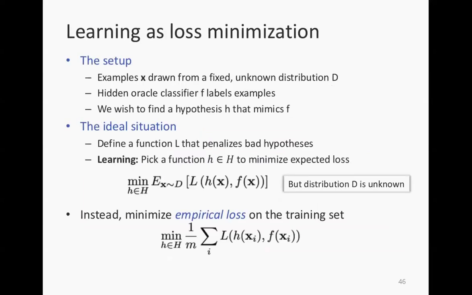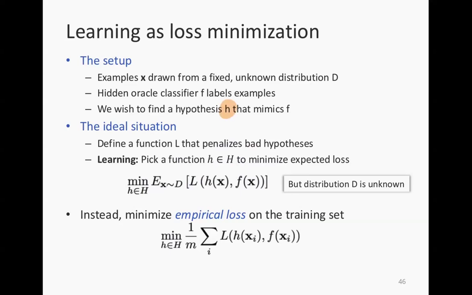Just to remind you, we've seen this before, and this is just a quick reminder. In this setting, your examples are drawn from some distribution, possibly unknown, and your oracle function labels those examples. You get a labeled data set, and you want to find a hypothesis H that mimics the oracle.